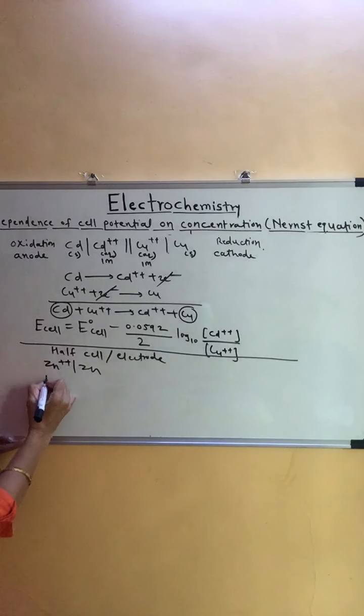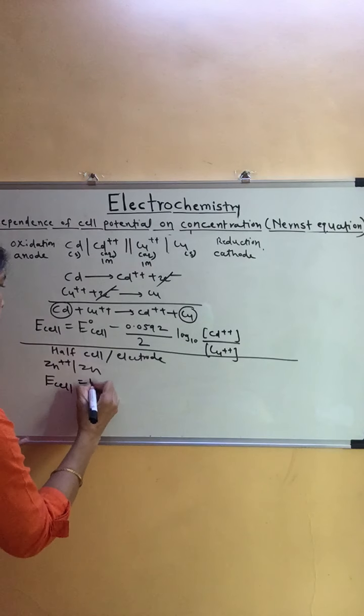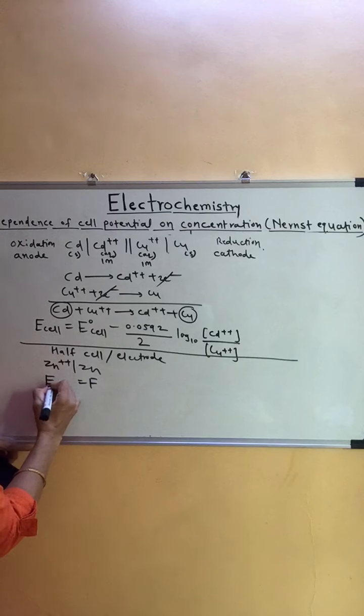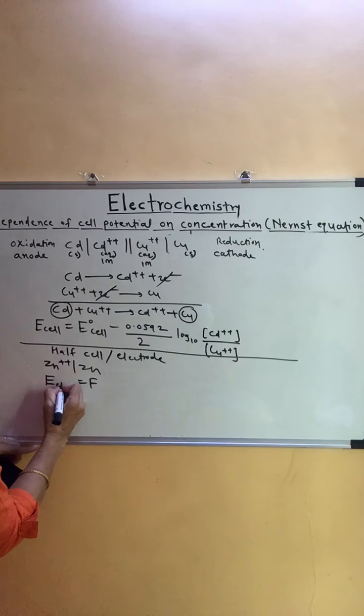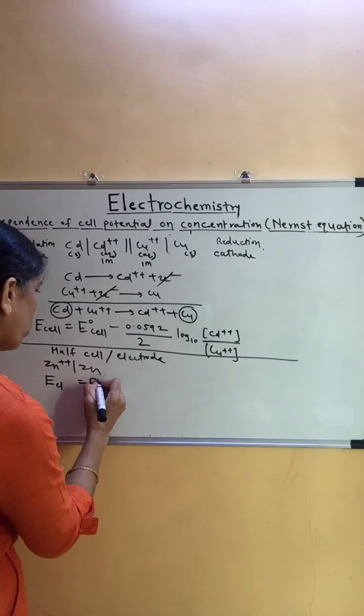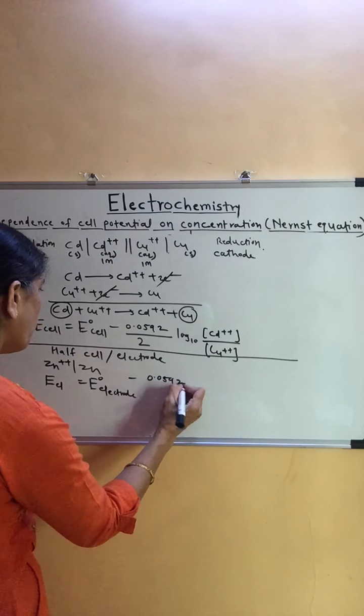Same equation. E cell is equal to, now E cell you are not going to write, E electrode is equal to E naught electrode. Electrode is half cell, minus 0.0592.